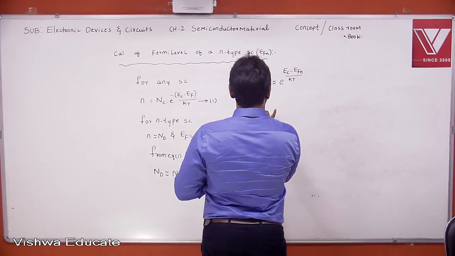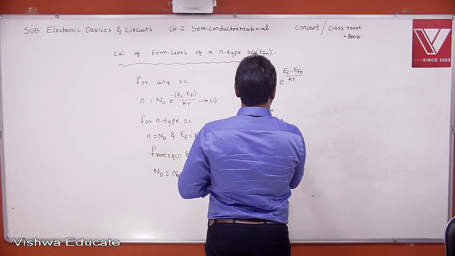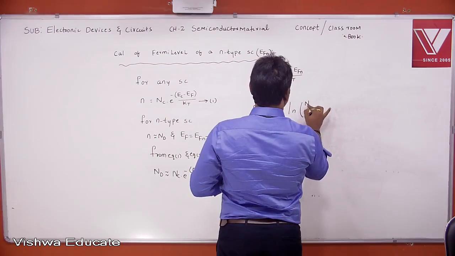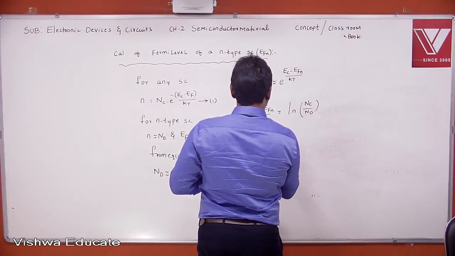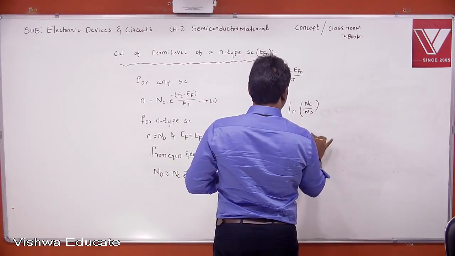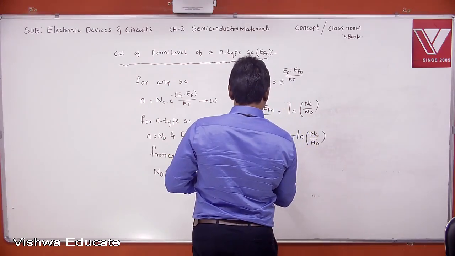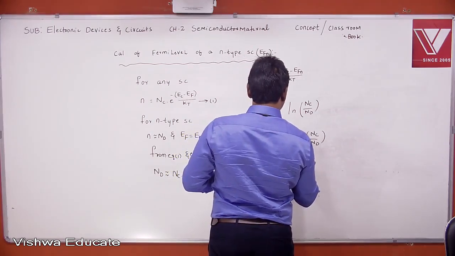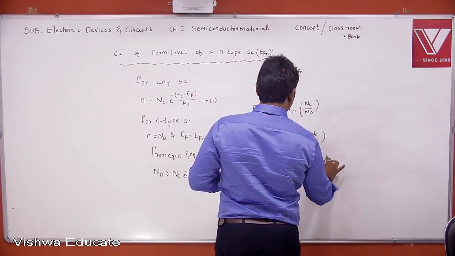Taking logarithm on both sides, (Ec minus EFN) by kT equals ln of Nc by Nd. Now, Ec minus EFN equals kT into ln of Nc by Nd. So EFN is equal to Ec minus kT into ln of Nc by Nd.